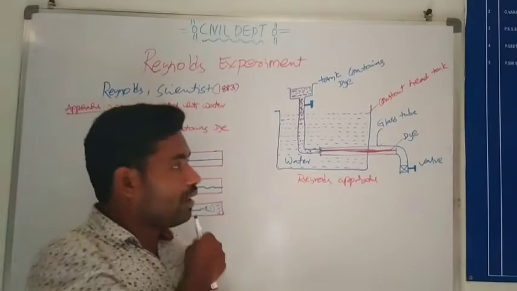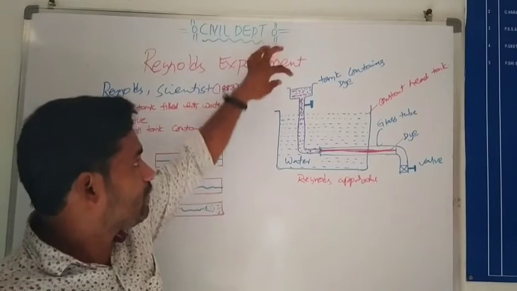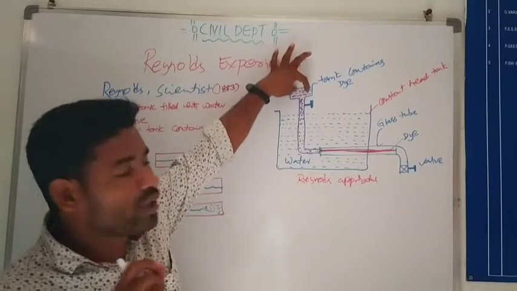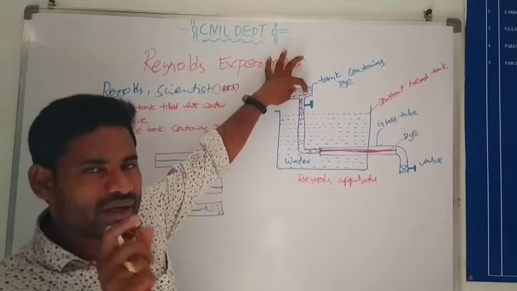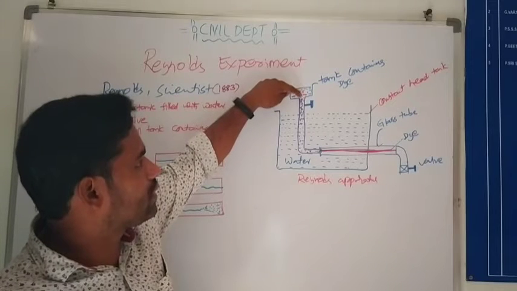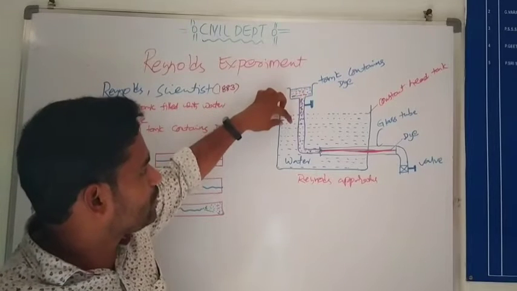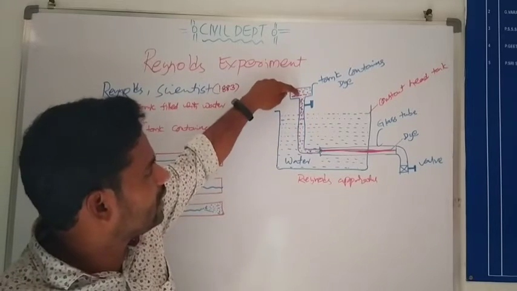Coming to the operation of the Reynolds experiment. First, the small tank is filled with dye, a colored material like ink. I can show it here with a different color: the blue is water, and this one is the dye.